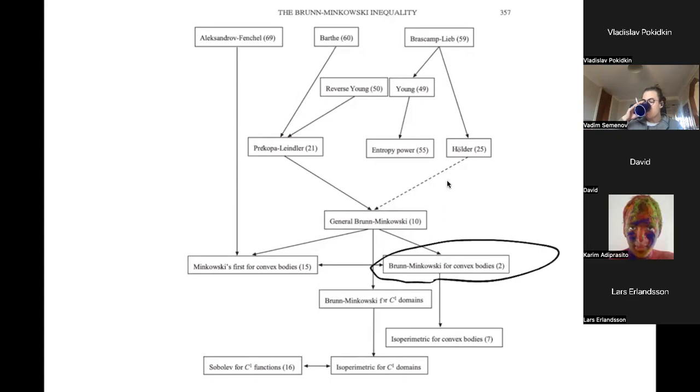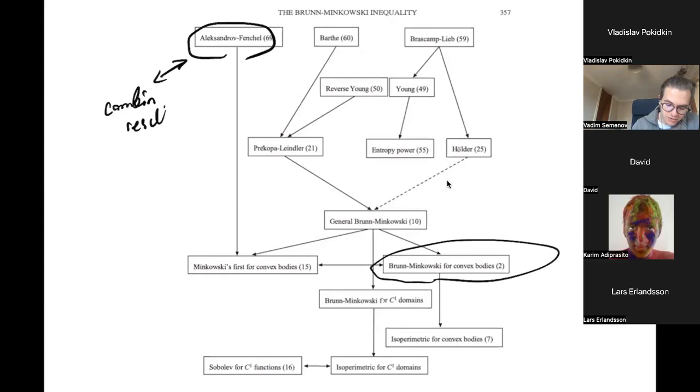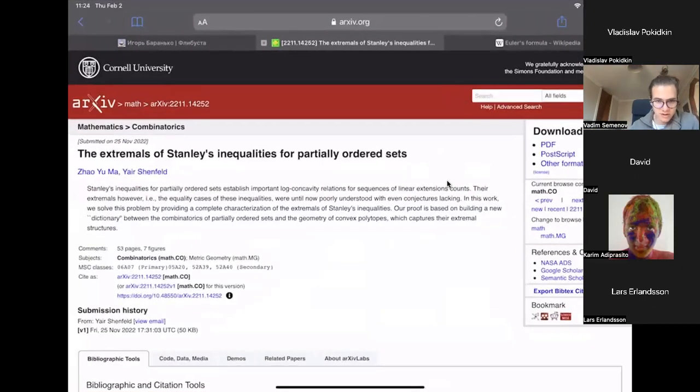For example, there is a paper of Yair Shenfeld and somebody else, I forget his name, showing that Aleksandrov is related to combinatorial results. This is a paper from 2022, and let me pull it up. This is basically a new paper, and I listened to their talks. It's about proving log-concavity on partially ordered sets.